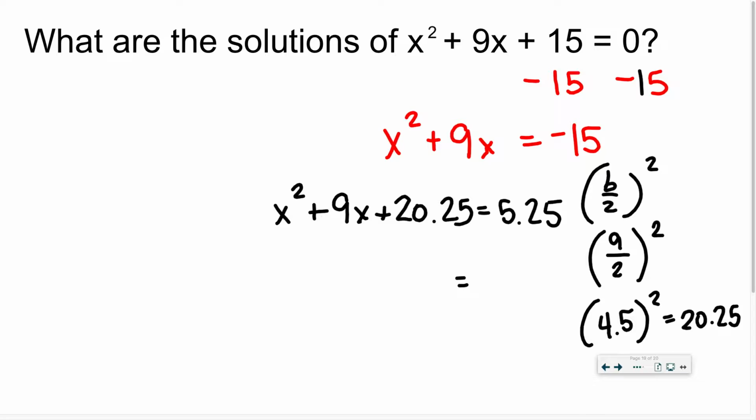But now I need to figure out what is the second term of that binomial. What is the number that if I multiplied it by itself gave me 20.25, but if I added it with itself would give me 9?